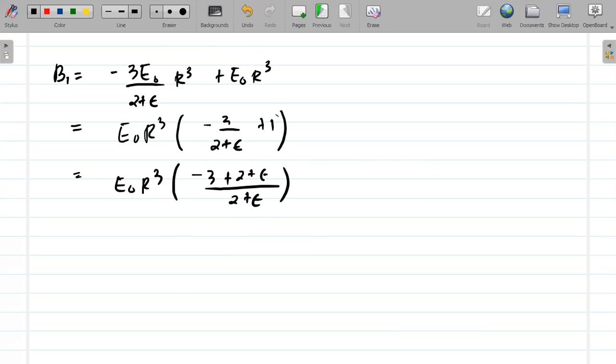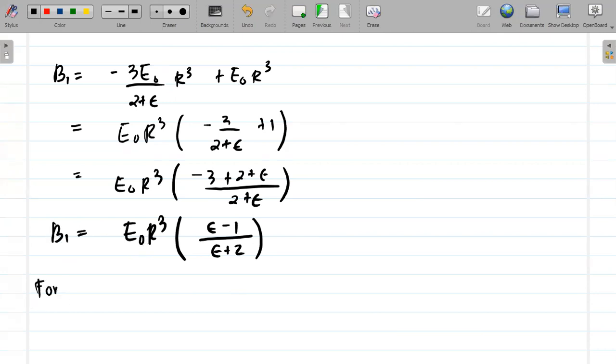So, ayan, nag-multiply lang ako dito. So, this is equal to E naught R cube times epsilon minus 1 over epsilon plus 2. Now, that is for A1 and B1.